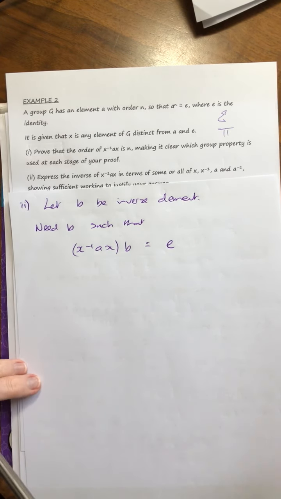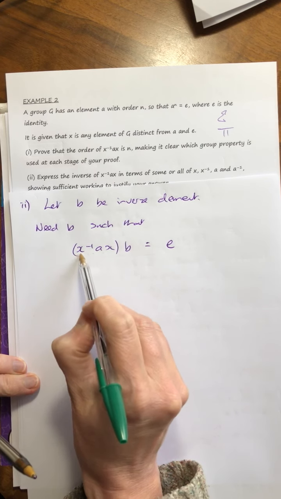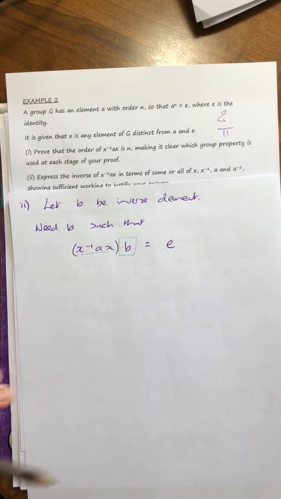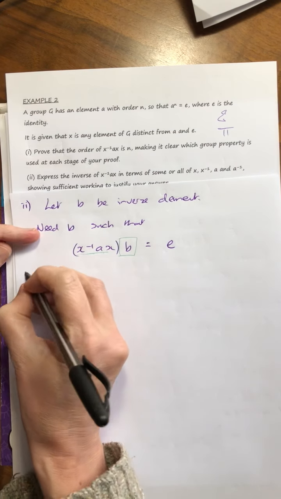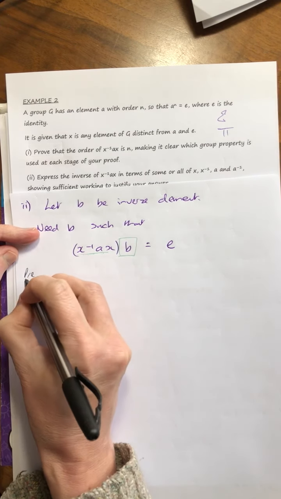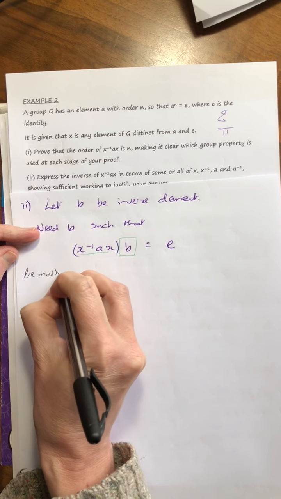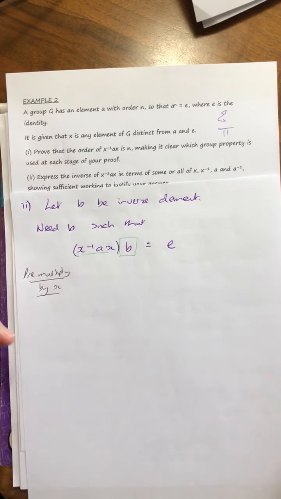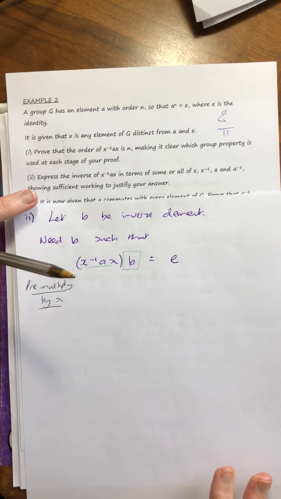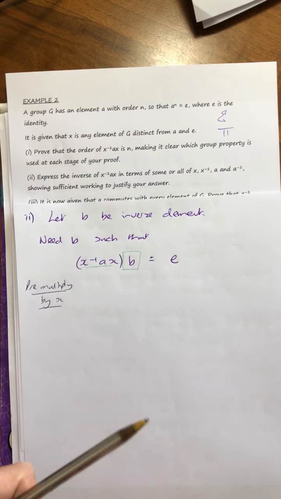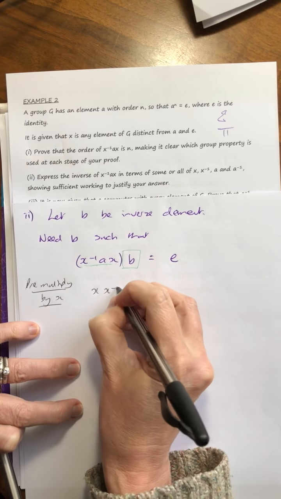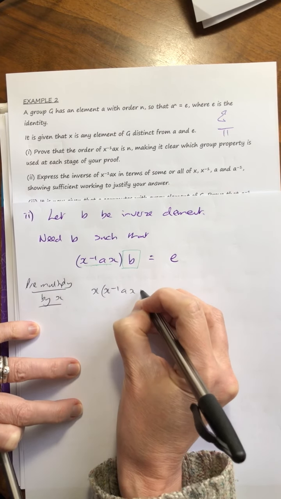So what we want to do is get rid of all of these things, just leaving me with b on the left-hand side. So it's very similar to the proof that we've just done. We need to do a bunch of pre-multiplying to get what we need. Showing sufficient working to justify your answer. So even though some of you might be able to see it, please write down each step.